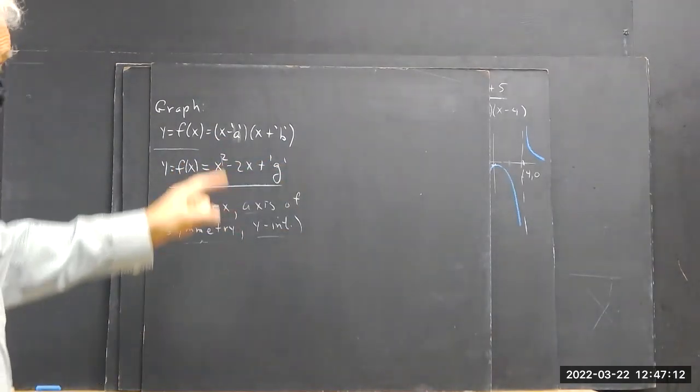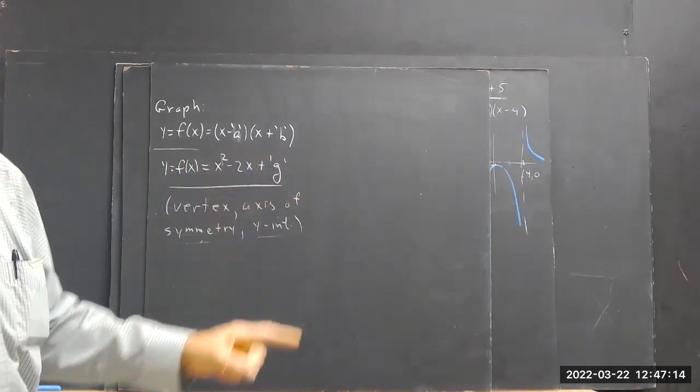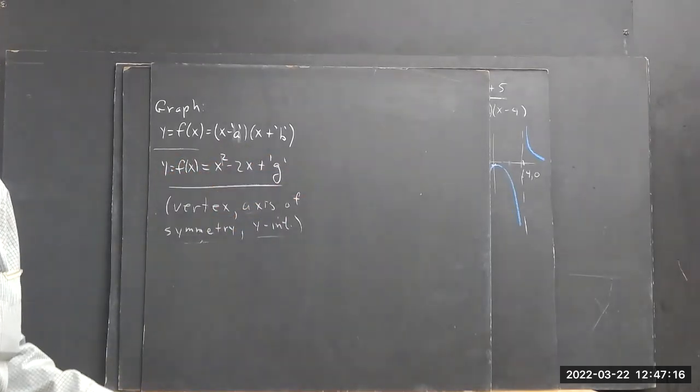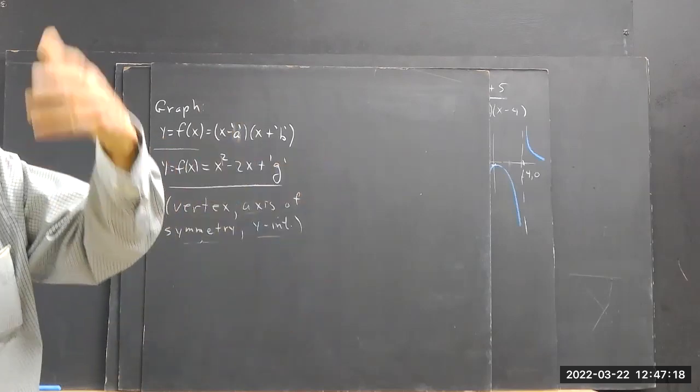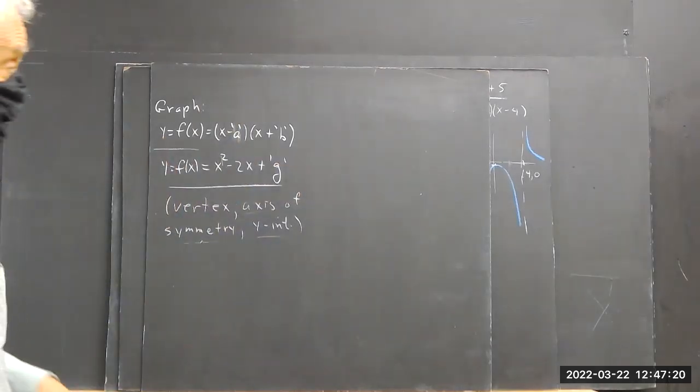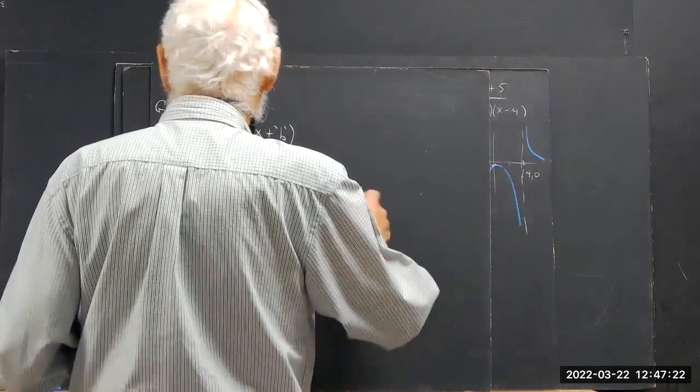Because there are only two values of x that make this 0, we can't go through the x-axis 3 times. That's something to keep in mind.